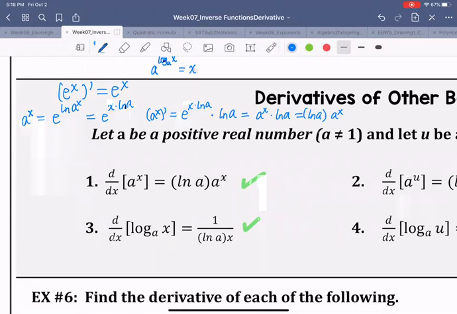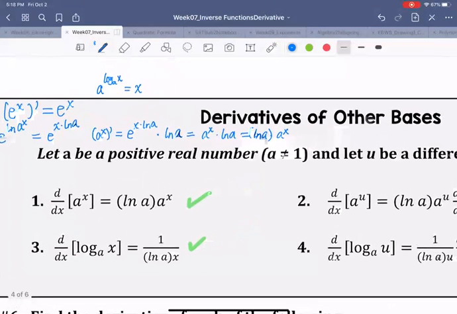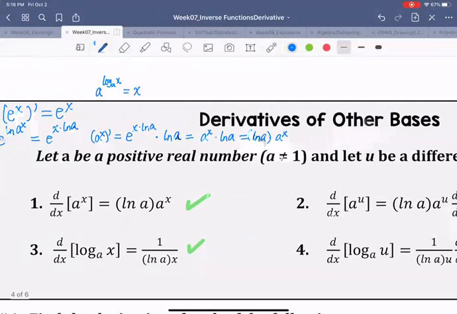Does that make sense? Okay, I see what you did. So the x goes away when you take the derivative, so ln a is just a constant, a coefficient.